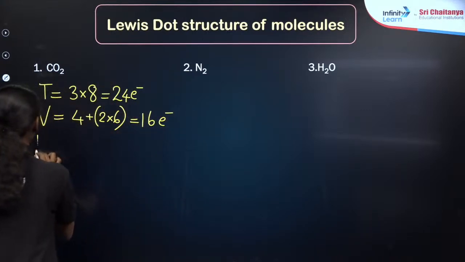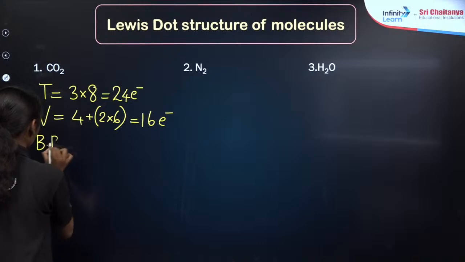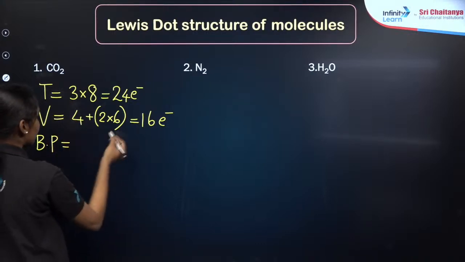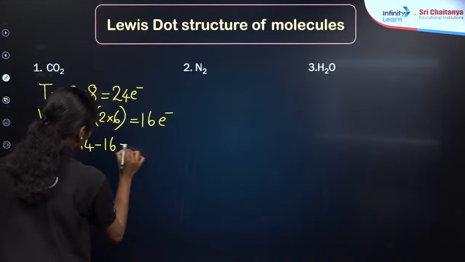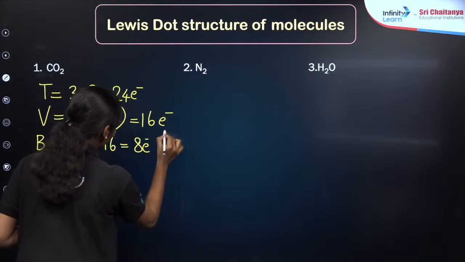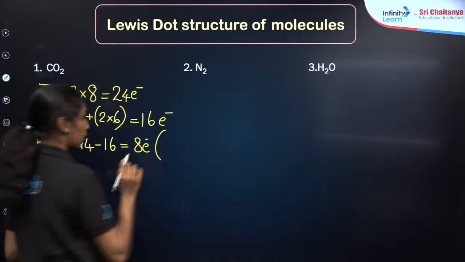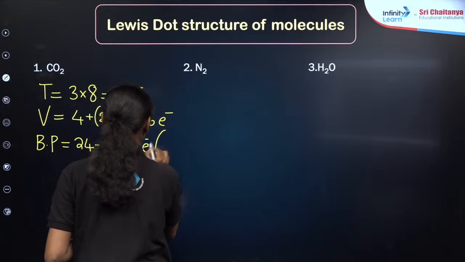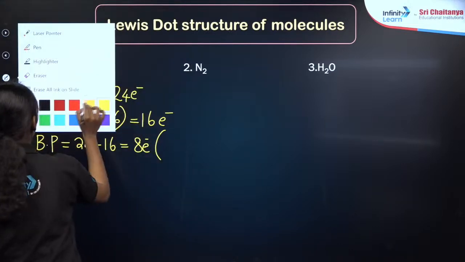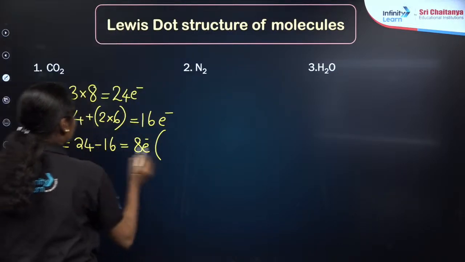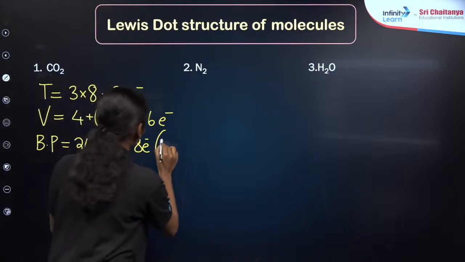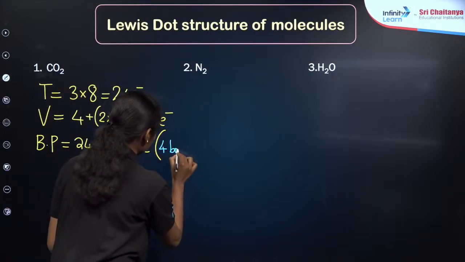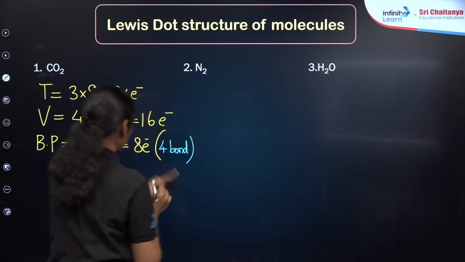Then you have to find out the bond pair of electrons. BP is equal to T minus V, that is equal to 24 minus 16, that is equal to 8 electron, which represents 4 bond, right? 1 bond represents 2 electron, for 4 bond it is 8 electron.